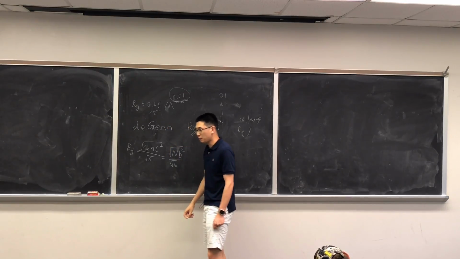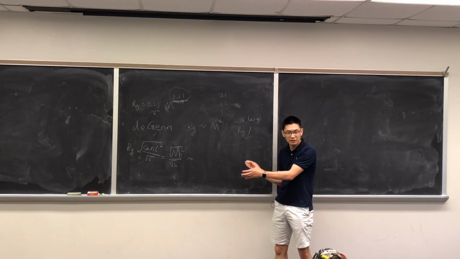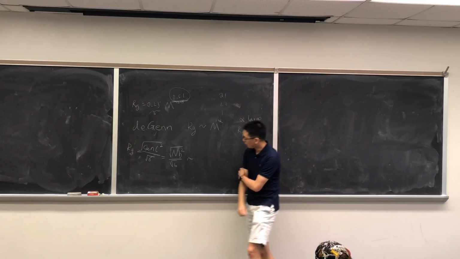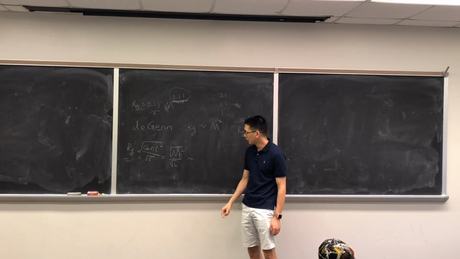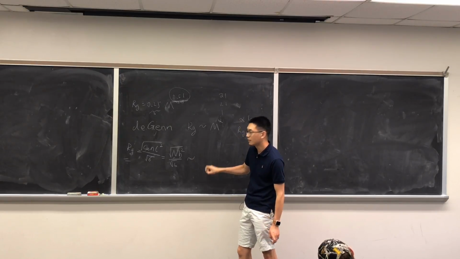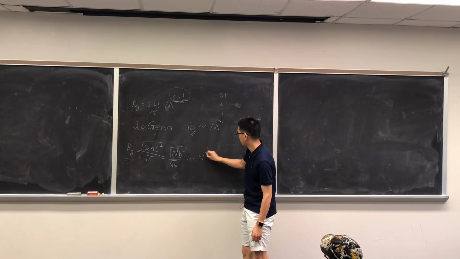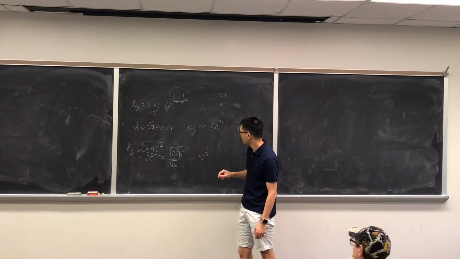So for the chain model we talked about, if you check closely, it also has a built-in relationship between Rg and molecular weight. It scales such that Rg scales with n to the power of half. The rest are just some constant in front of it, right?